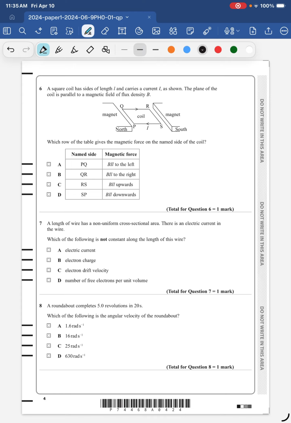The first column is the named side, and the second column is the magnetic force. Let's inspect what's going on and see if we can immediately eliminate some options. First of all, you see that in all four options, they give us a magnetic force. That doesn't make any sense for side QR and side PS. And why is that?